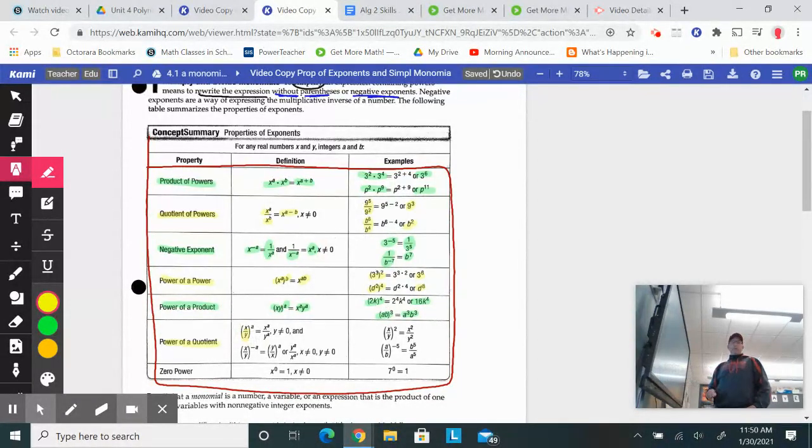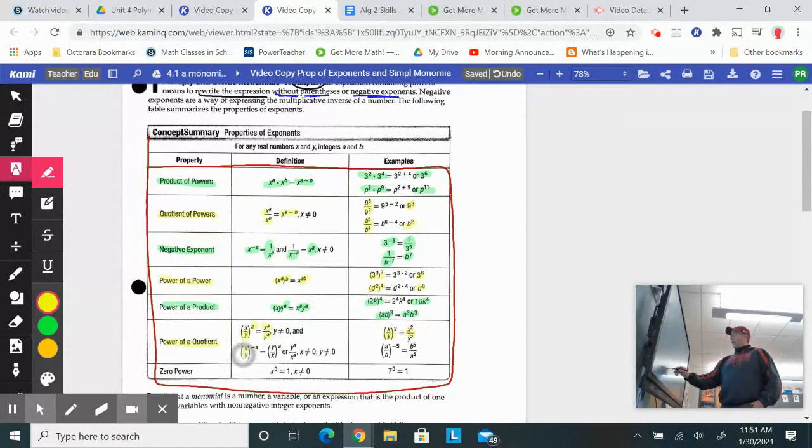A power of a quotient. So you have something being divided that's in a group. All that's to a power. You can actually break it apart. So the exponent a goes with the numerator of the x. And here the a would go with the denominator, which is the y. Look at the examples.